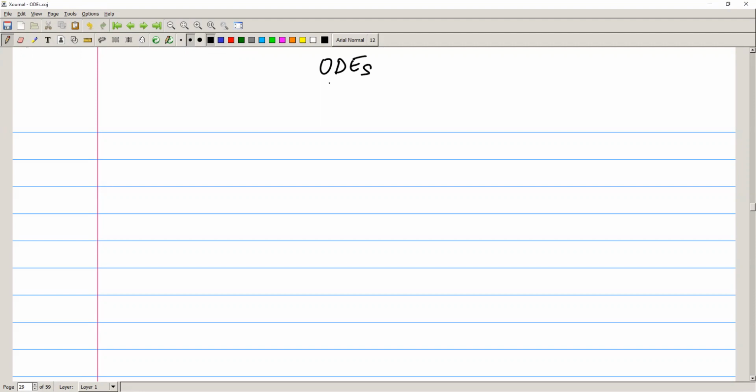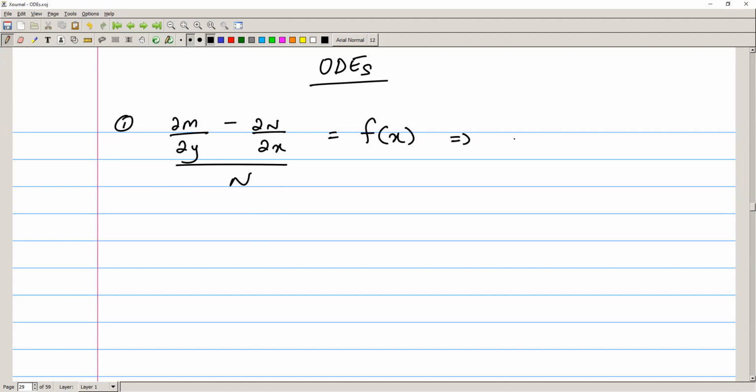So the topic of our discussion is equations that are reducible to exact forms, and we discussed two cases. Case number one: if (∂M/∂y − ∂N/∂x) divided by N is a function of x, then we simply find an integrating factor by integrating the function of x, raising it to the exponent.